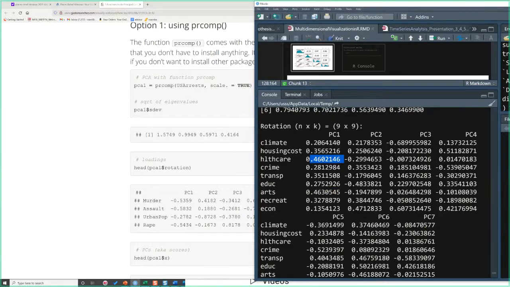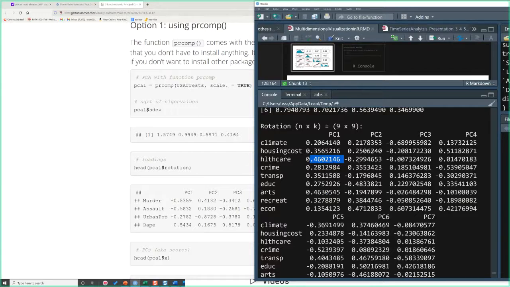So now we start interpreting these principal directions, which is very hard, but that's where you get the insights. This is what insight is about. It looks like urban places where arts and healthcare are valued.